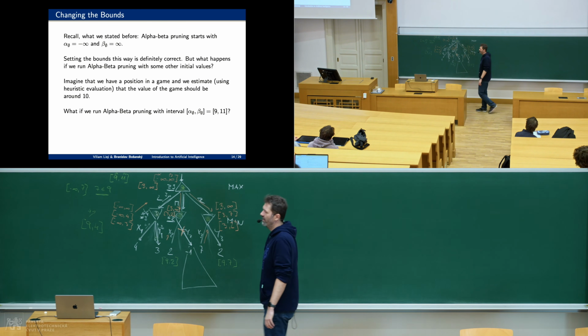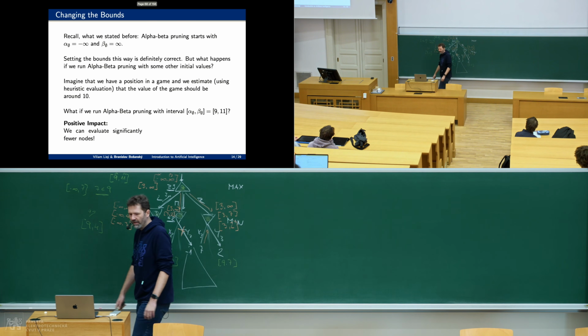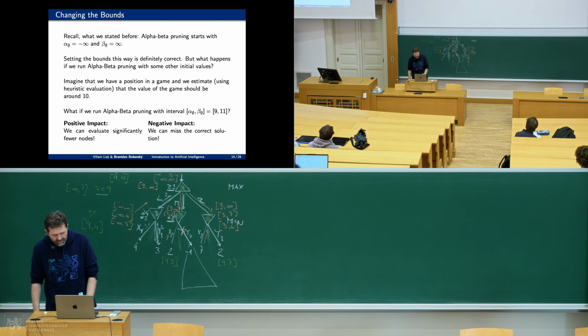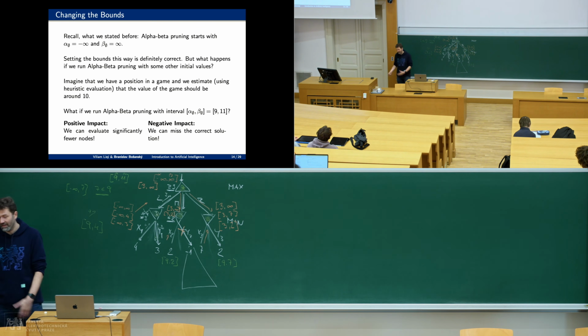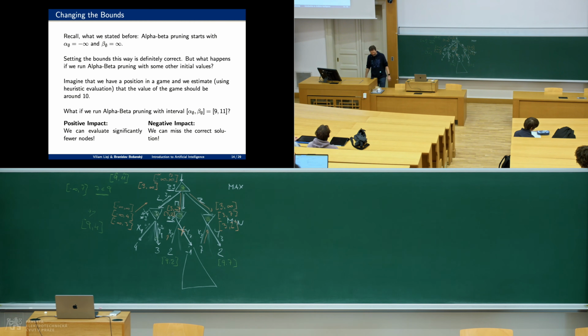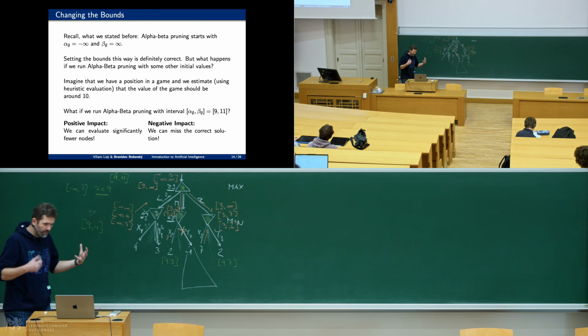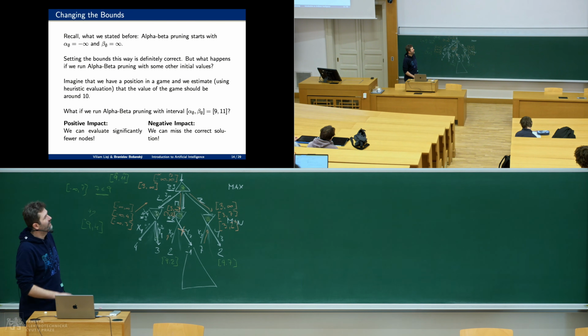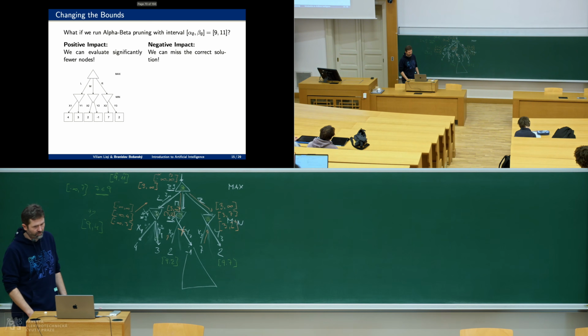So we can have these modifications for alpha beta, and on the slides I basically summarize what I have just told you using the board. We can have a positive impact, we can evaluate fewer nodes, but we can miss the optimal solution.